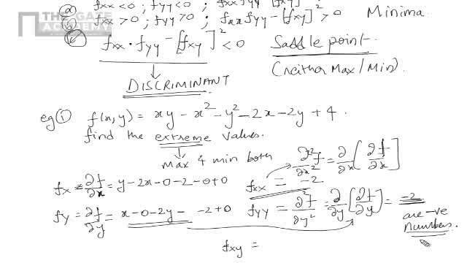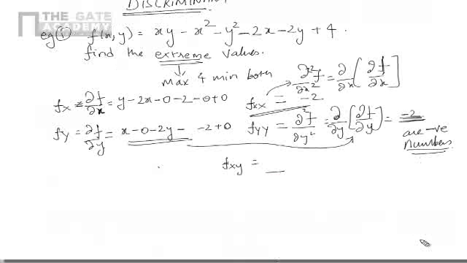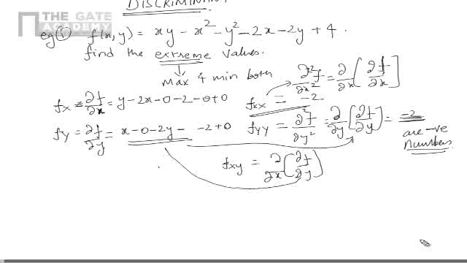Then what is fxy? Fxy is nothing but dou by dou x of dou f by dou y, correct? So I have to take this and differentiate it with respect to x. You will get 1.